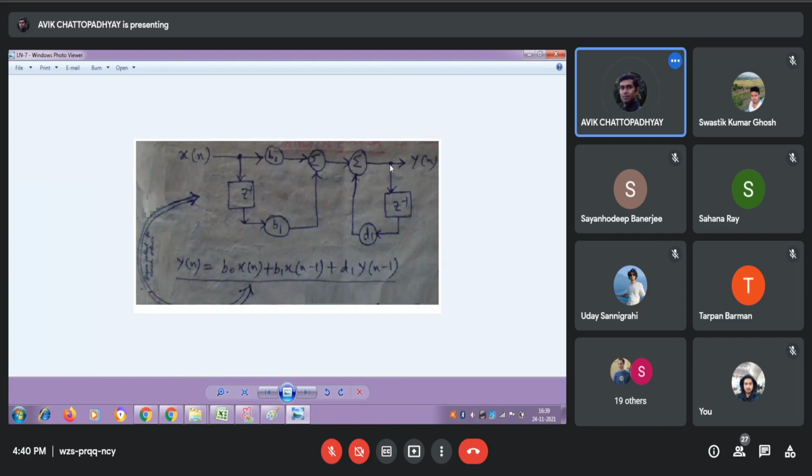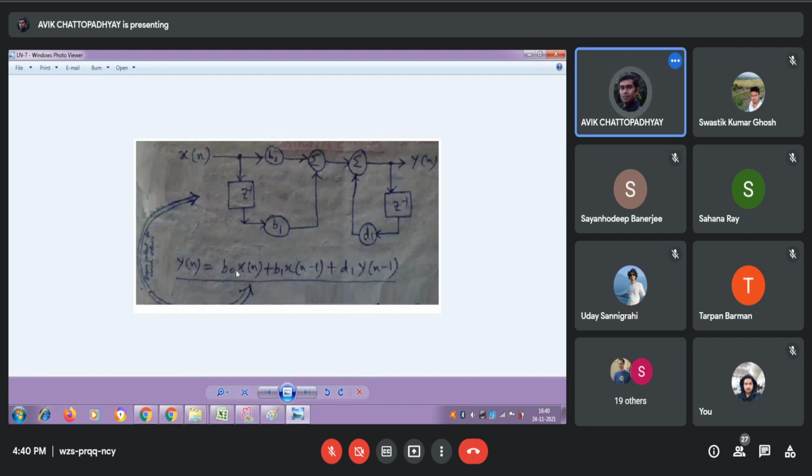One part of that was stored, and now it is extracted, or you can say you are bringing it back. After multiplying with d1 and feeding at the input of the summer or adder, which as a whole gives my y of 1.